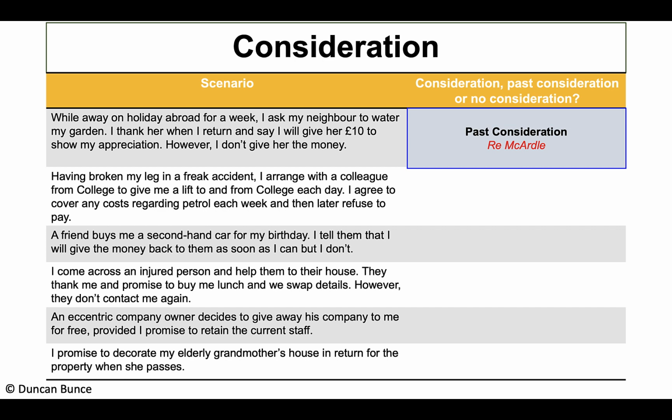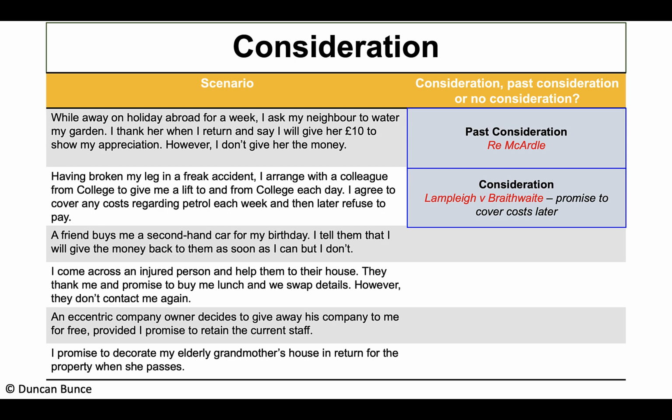Second one, having broken my leg in a freak accident, I arranged with a colleague from college to give me a lift to and from the place each day. I agree to cover any costs regarding petrol each week, and then later refuse to pay. So I don't know if you got this one right either, but let's see.